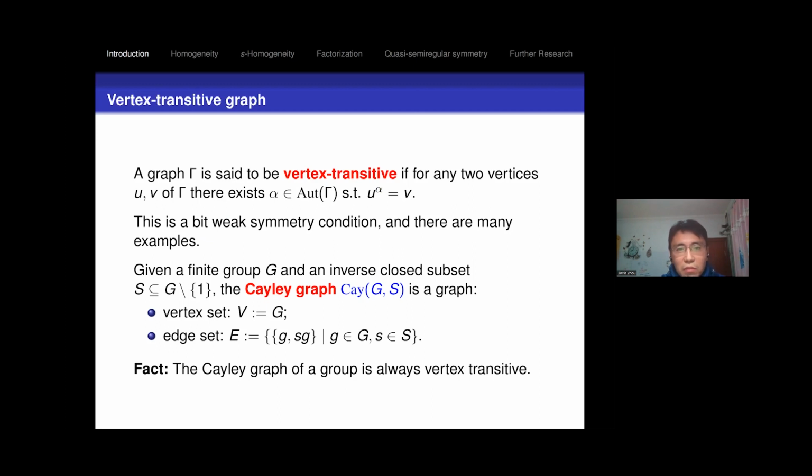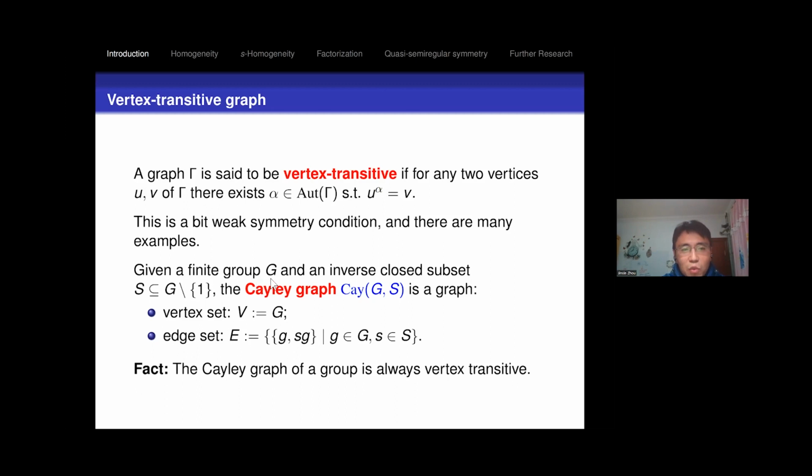Actually, this is a bit of a weak symmetric condition. There are many examples. In particular, we can give a large class of vertex transitive graphs by the Cayley graph. The Cayley graph is defined in this way.